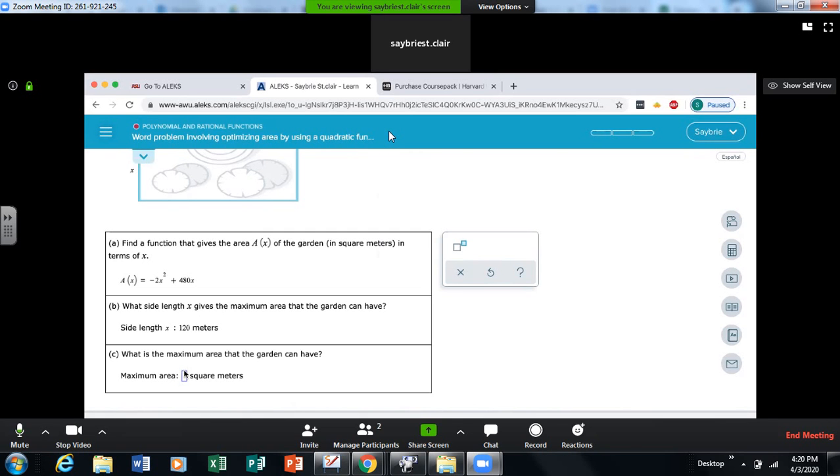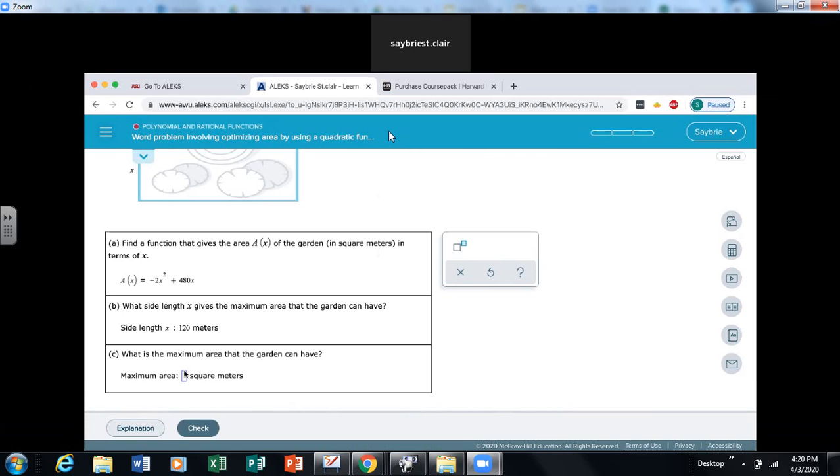On my calculator, negative 2 times 120 squared plus 480 times 120, I get 22800.